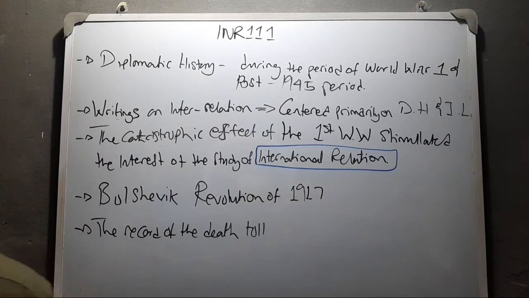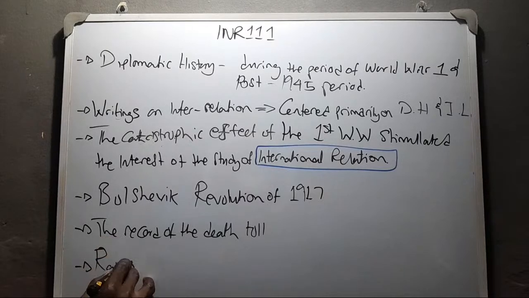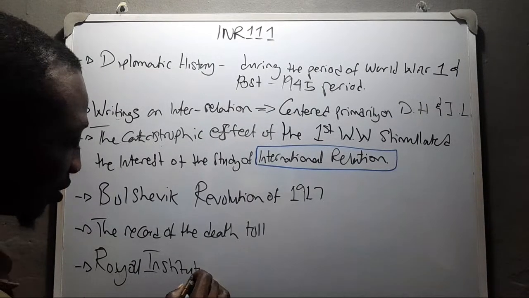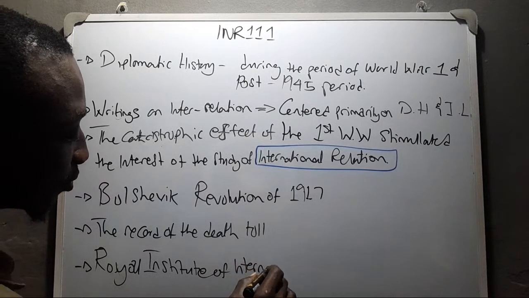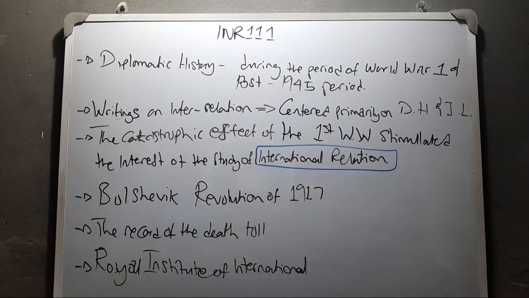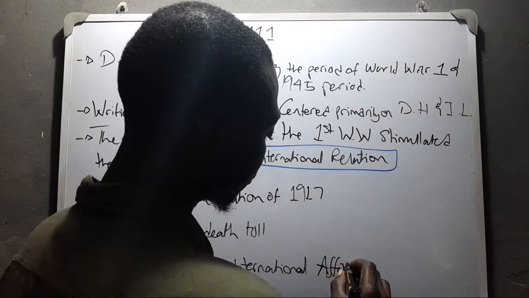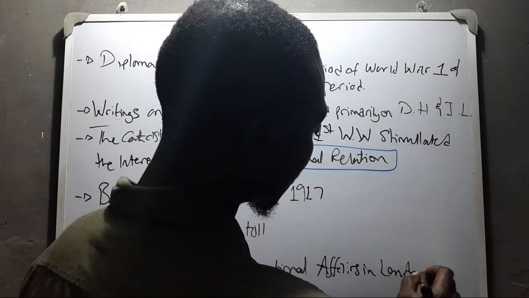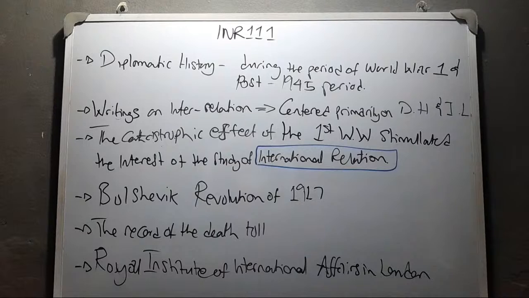So we have institutions such as the Royal Institute of International Affairs in London, and the Council on Foreign Relations in New York, which were set up immediately after the war.